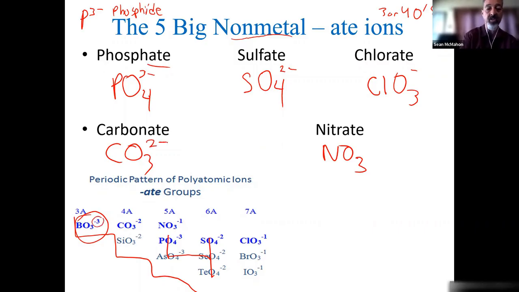Carbonate is a 2- charge. So it's not a 4-. I know that's easy to think, but it is not a 4-. Nitrate is a 1-. It's easy to be skewed away and think of nitride, which has a 3-, but it is not. Those you just have to know.